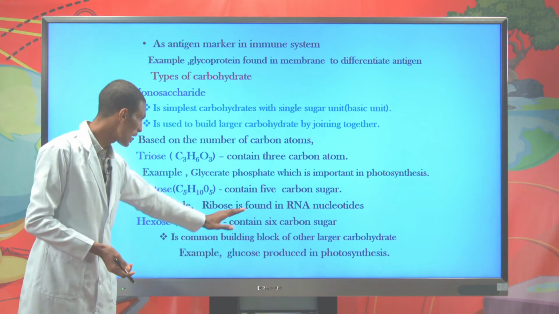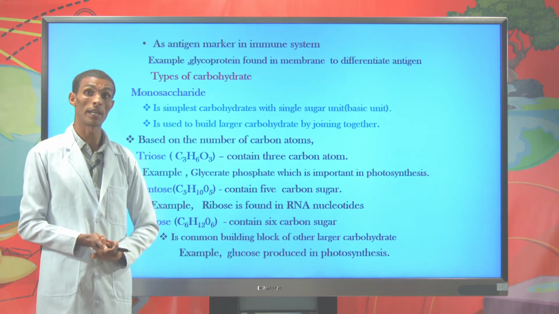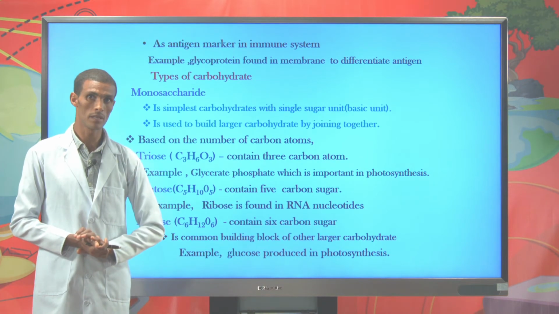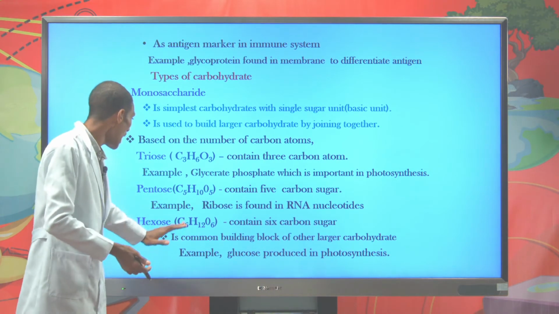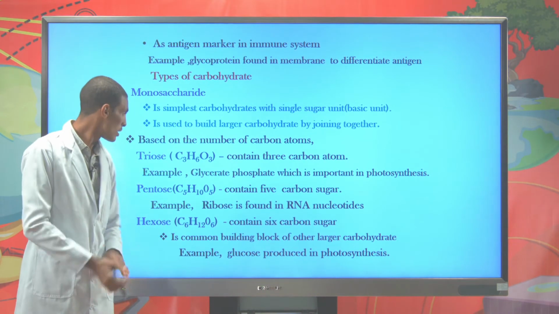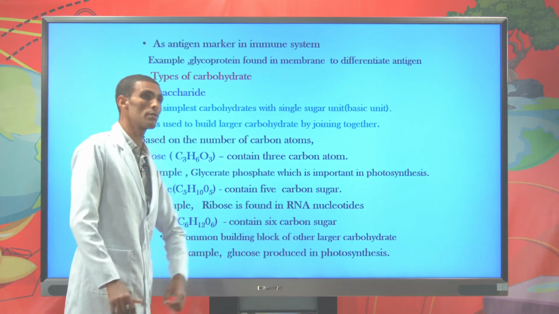For example, ribose, which is found in RNA, and deoxyribose, which is found in DNA. They are monosaccharides too. Hexose contains a 6-carbon sugar.